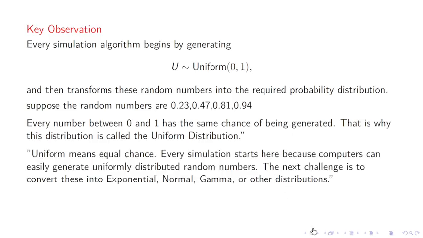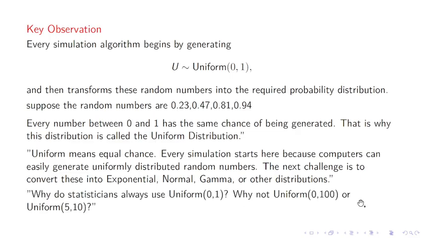Uniform means equal chance. Every simulation starts here because computers can easily generate uniformly distributed random numbers. The next challenge is to convert these into the required distributions, particularly for time, which involves exponential, normal, gamma, or other distributions.